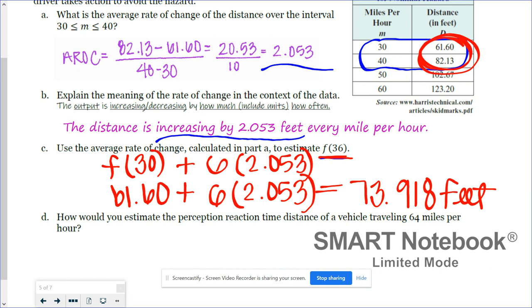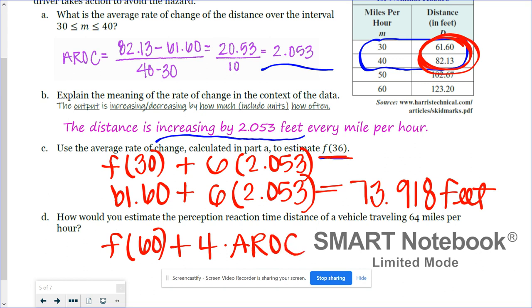Then I'm going to take the function at 60 and add to it 4 more, because 60 plus 4 is 64, times whatever the average rate of change happens to be.